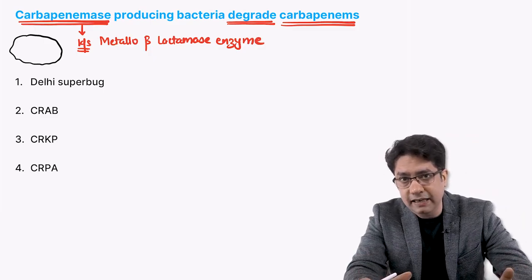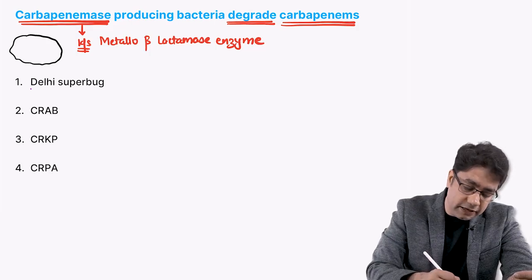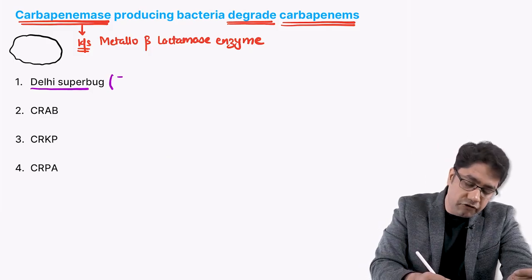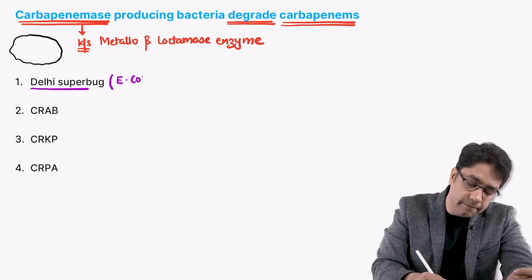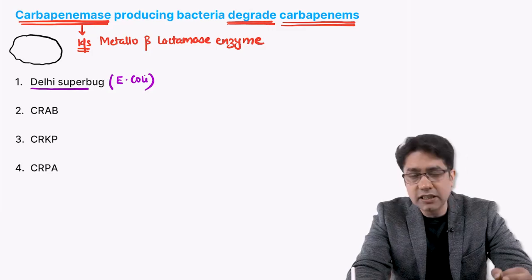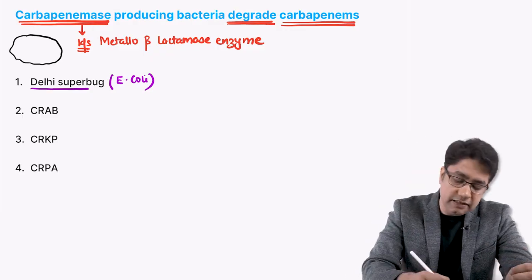Those bacteria which are producing this metallo-beta lactamase enzyme, the first bacteria name is Delhi superbug. Delhi superbug was first identified in Delhi, Sir Ganga Ram Hospital or AIIMS Delhi Hospital. It was a strain of E. coli which was producing this carbapenemase enzyme.